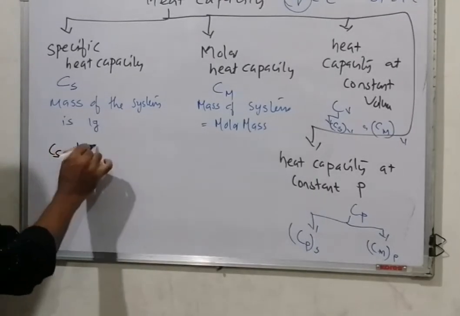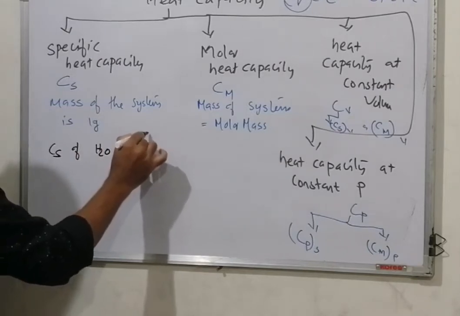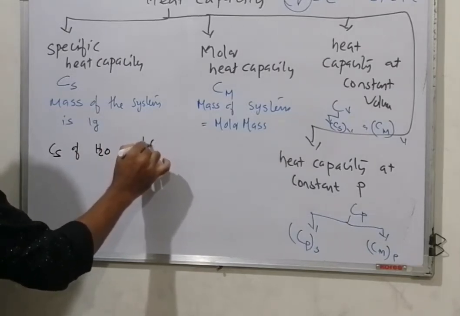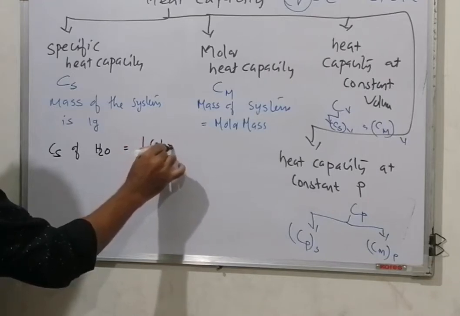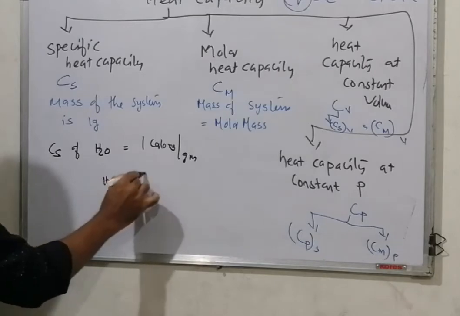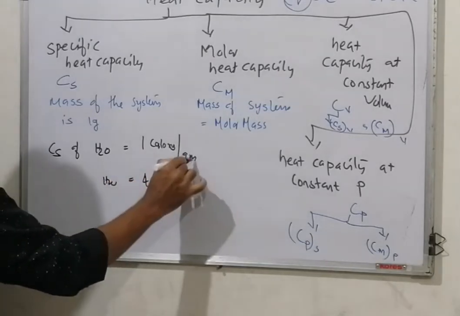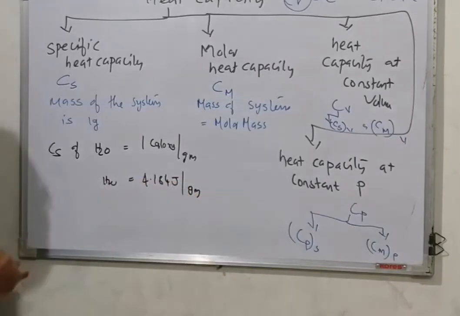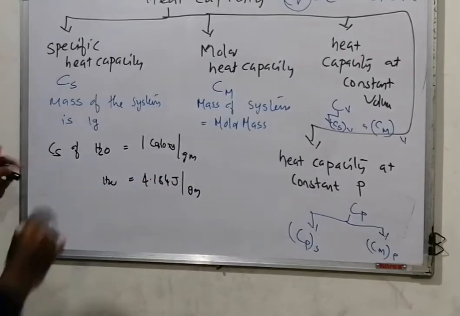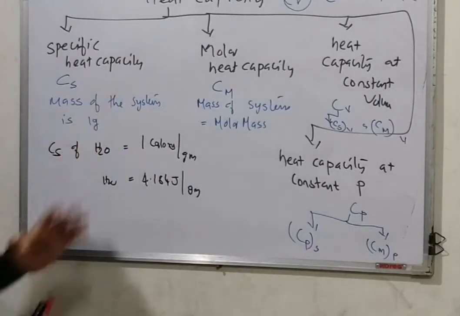Specific heat capacity of water, remember, 1 calorie per gram, in calorie, or 4.184 joule per gram. Remember this, please. It is required for the calculation. If in calories, the specific heat capacity of water is 1.